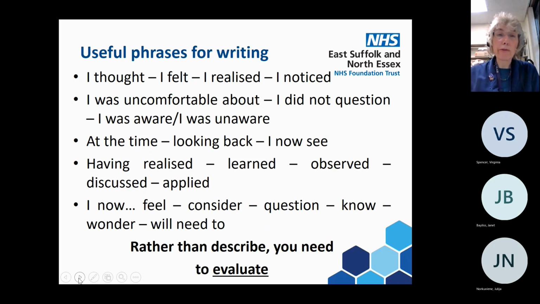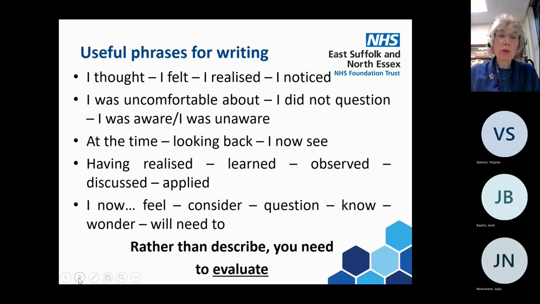I thought, I felt, I realized, I noticed. That's when you're starting, recording what happened. Your feelings could be covered in I was uncomfortable about, I did not question, I was aware, I was unaware. And then when you're starting to analyze, at the time, looking back, I now see.